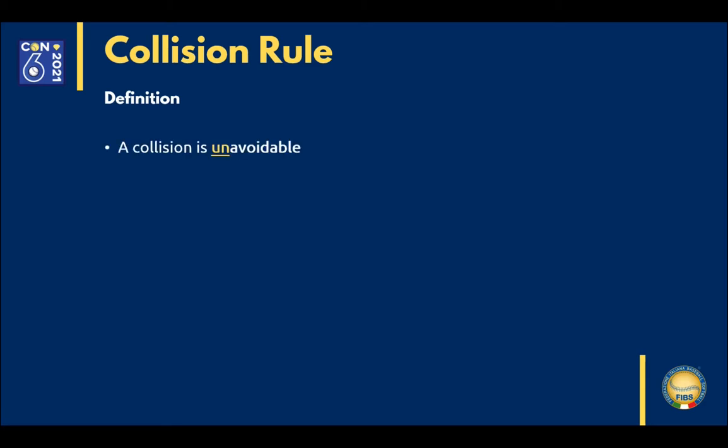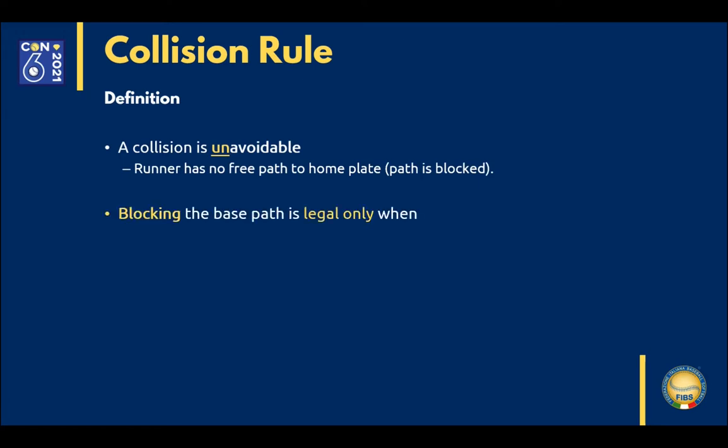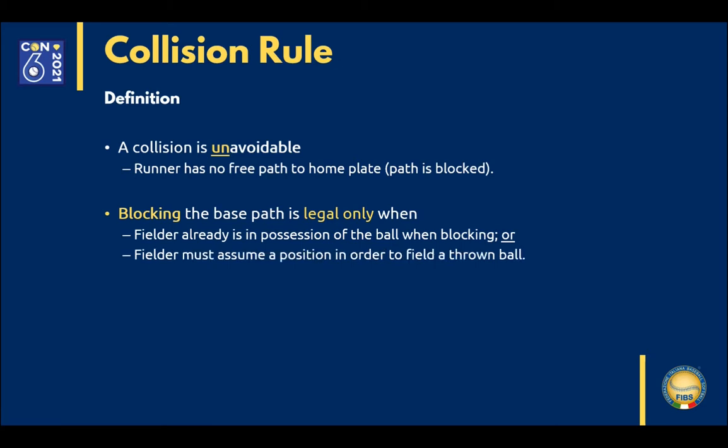A collision is unavoidable, on the other hand, when the runner has no free path and the path is blocked. Blocking of the path is only legal when: situation 1, the fielder already is in possession of the ball when blocking, or number 2, the fielder must assume a position in order to field a thrown ball.